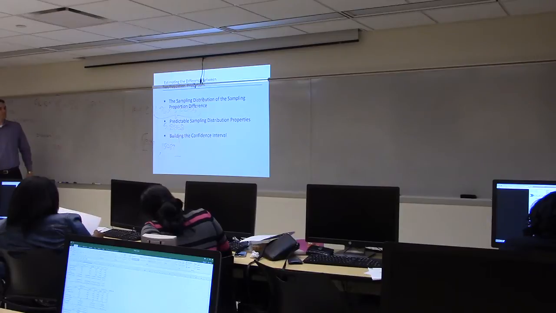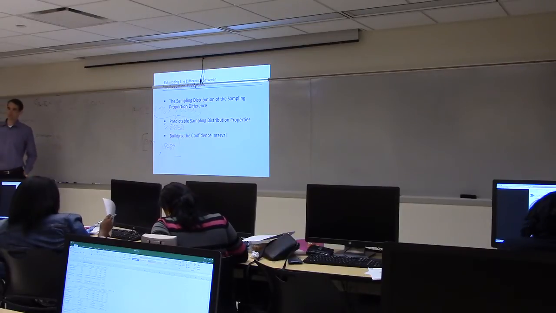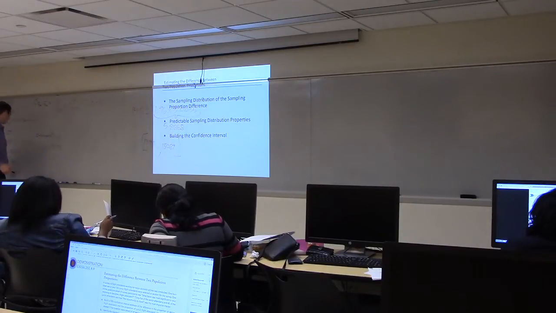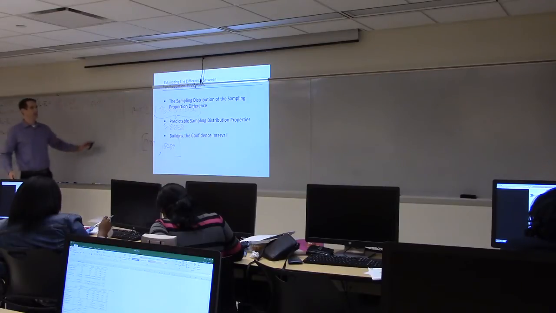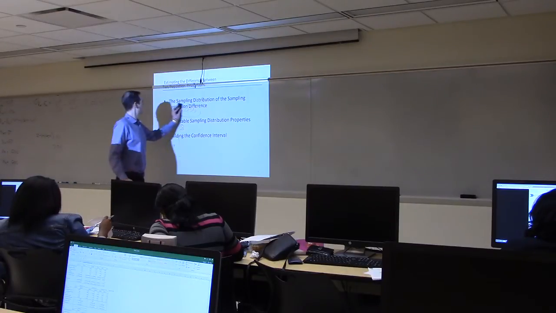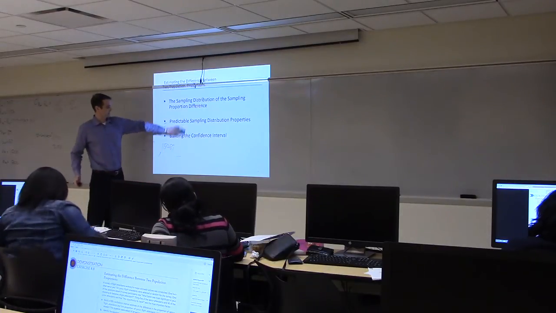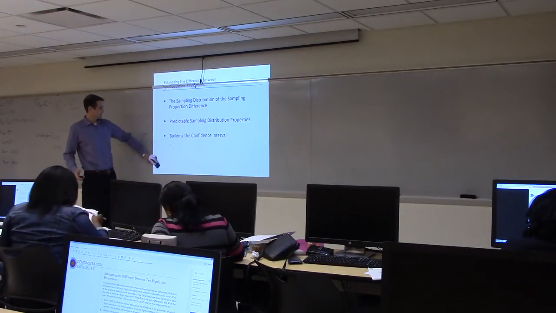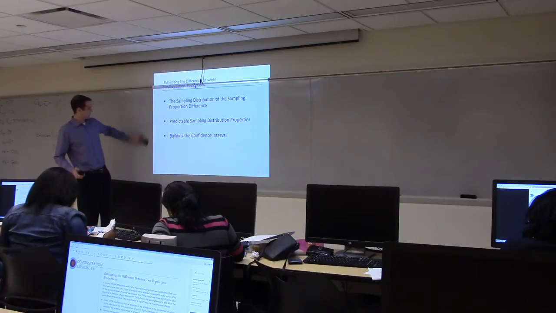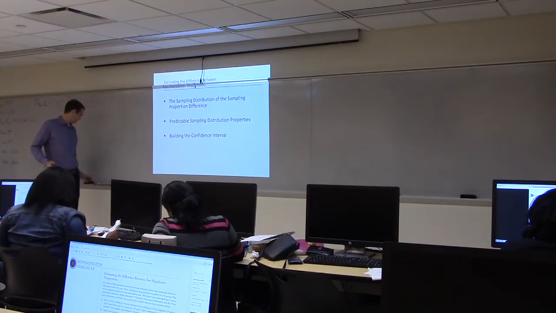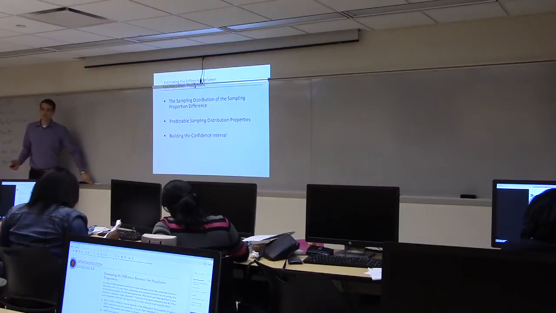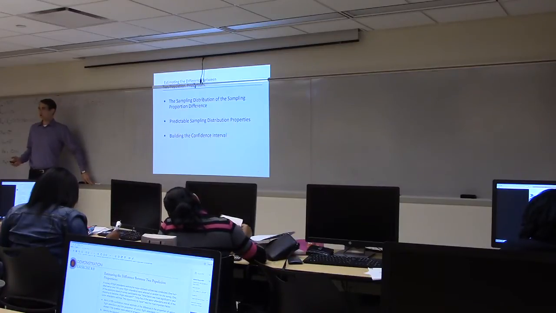All right. So what if we want to do proportion differences? What if we say the proportion of men who support Donald Trump is, we think, 49, and the proportion of women who support Donald Trump is 41.